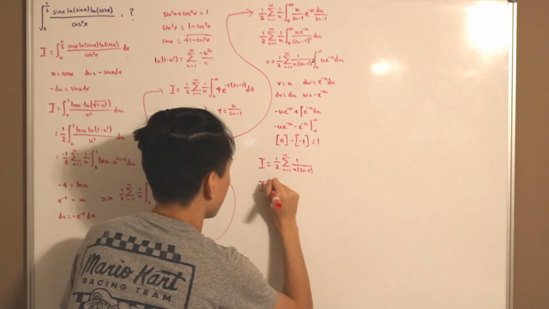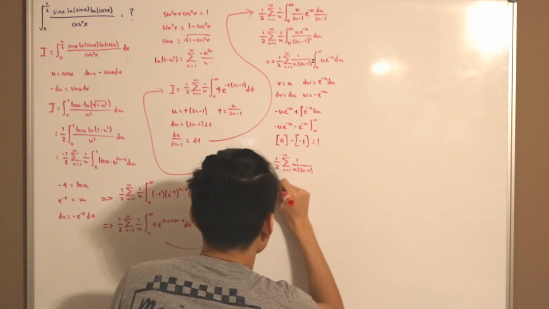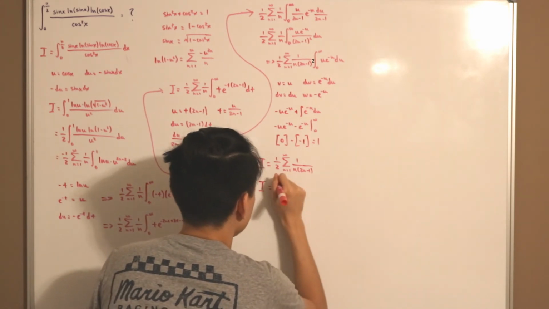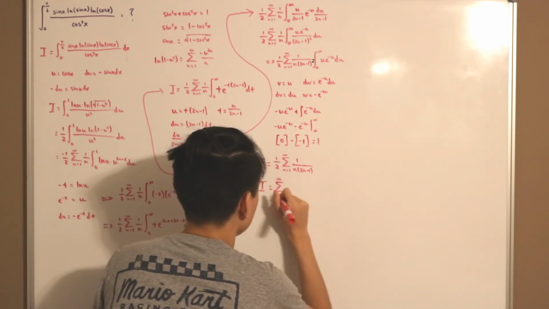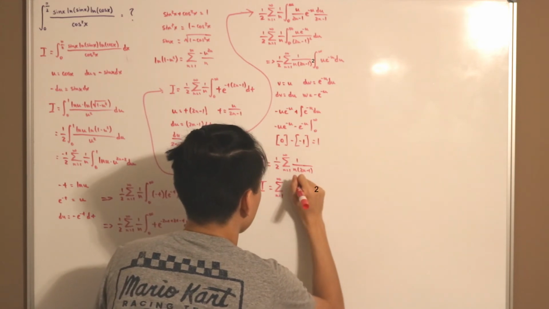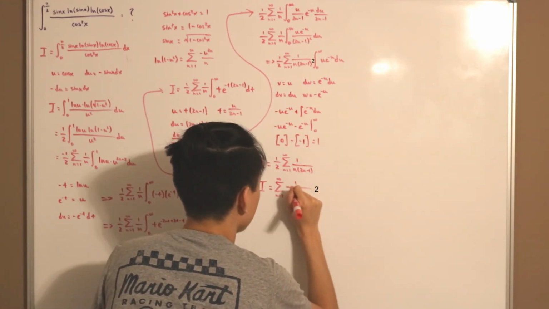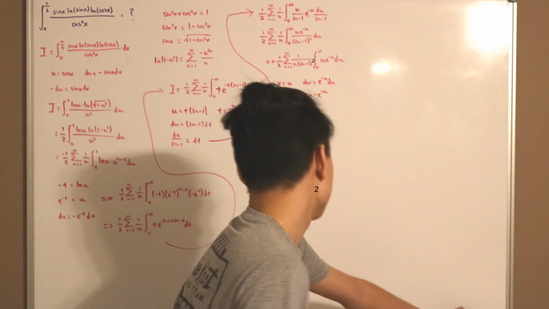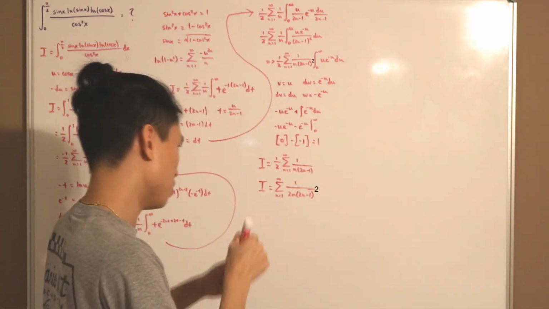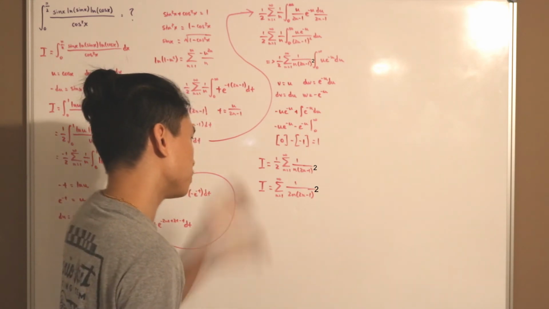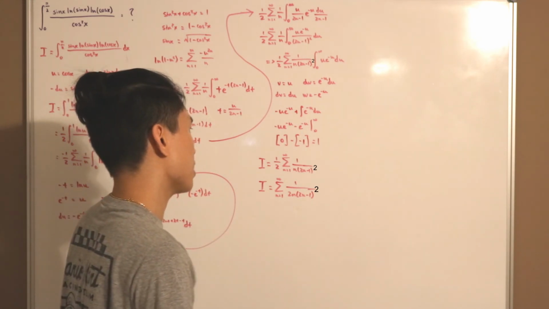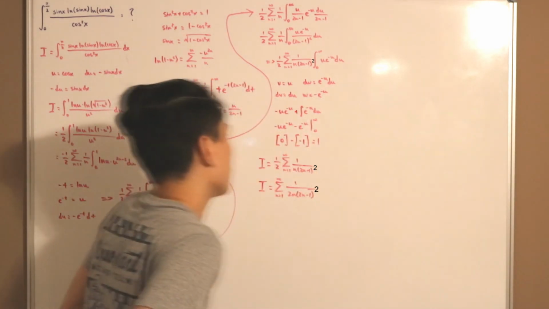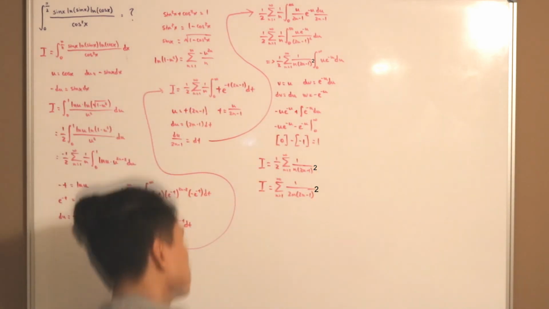So in other words, I is equal to the summation from n equals 1 to infinity of 1 divided by 2n times 2n minus 1. Okay, and now no more integrals we have to evaluate. So the rest is going to be all with series. So this is where things will be getting a little bit interesting.